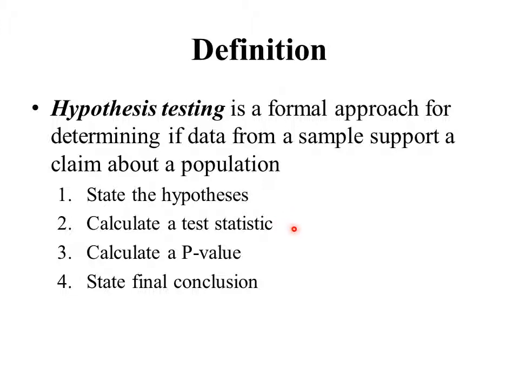Based off of that test statistic, we're going to get a p-value. P stands for probability, and so this p-value is going to be a probability. Based off of that probability, we're going to state a final conclusion, which kind of summarizes the results of my hypothesis test. So these are the same 4 steps that we're going to go through for all of our different hypothesis tests that we talk about.